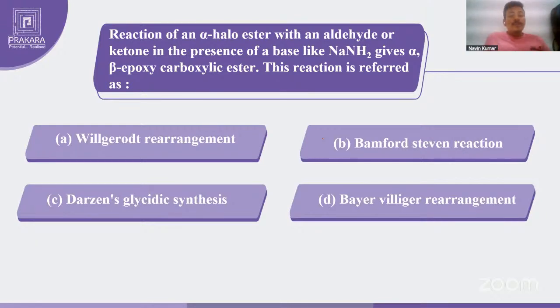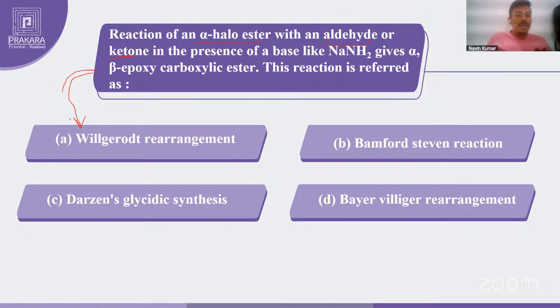Now the question is related to a very famous reaction, which we are going to see in detail also. The question is related to two functional groups: the first is alpha haloester and the second is aldehyde or ketone.